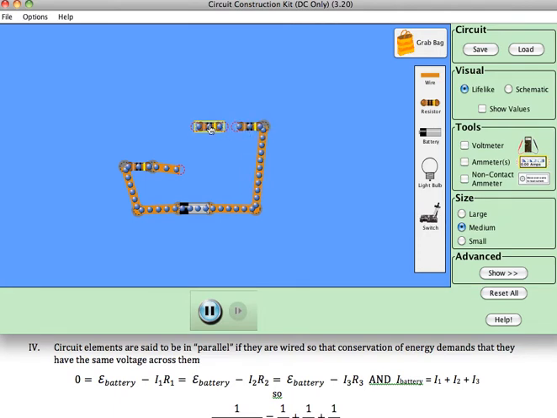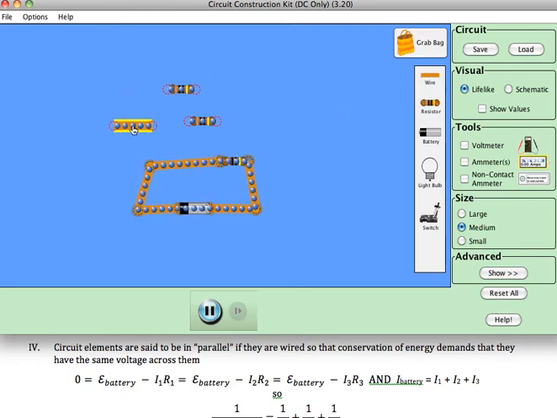Another way to wire together resistors is in parallel. Two resistors are said to be wired in parallel if they're wired so that conservation of energy demands that they have the same voltage drop across them.